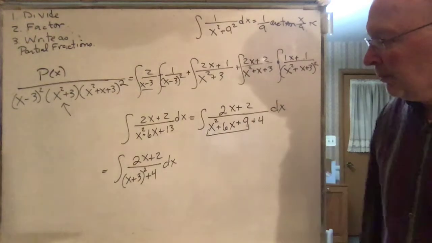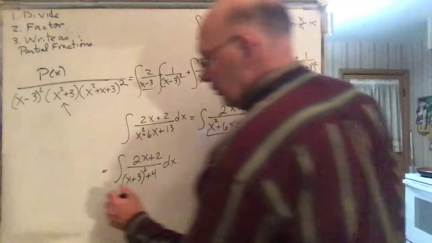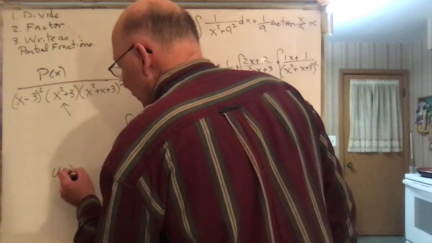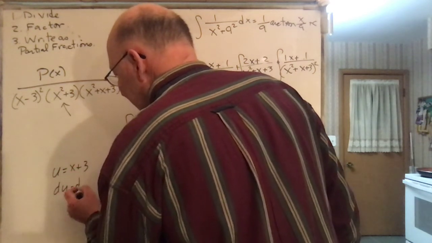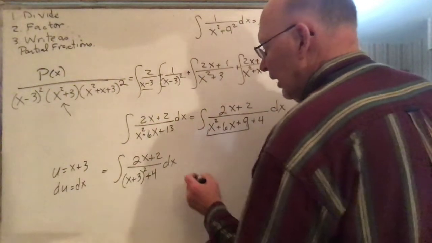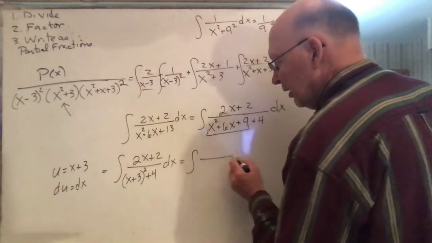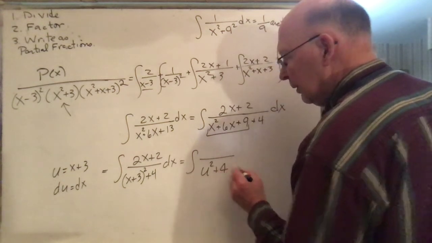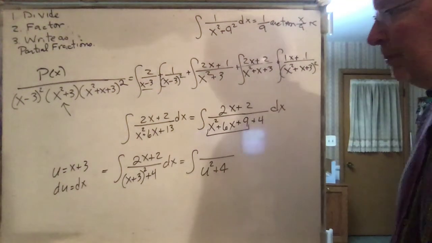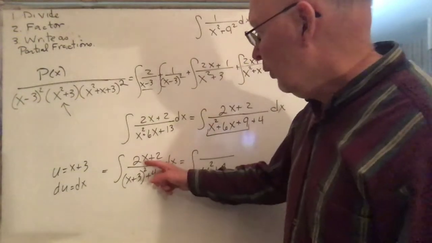But so the fact that it can't be factored, you got a plus there. Now you can make a substitution. You can let u be equal to x plus 3. Notice that du is going to be dx. And so watch, we're almost done. So now this becomes u squared plus 4. See that? And now, what do I have up on top?